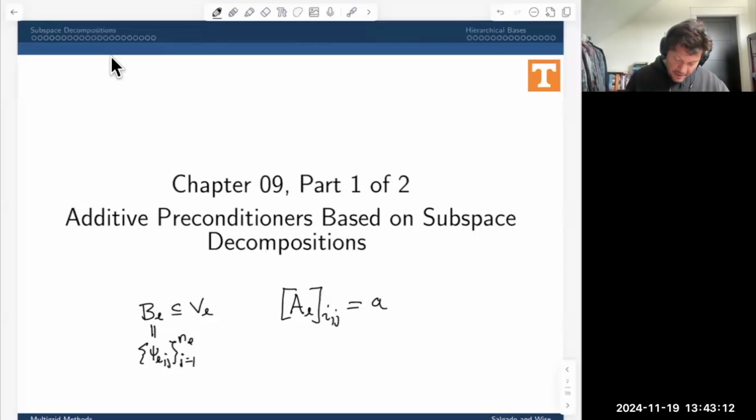Then we said that the entries of the stiffness matrix are equal to A psi L J, psi L i, for all I and J.